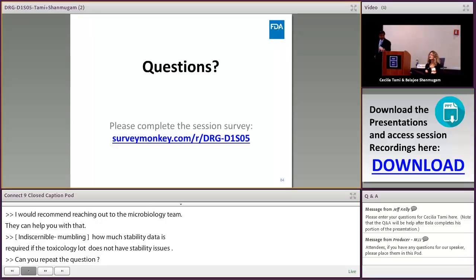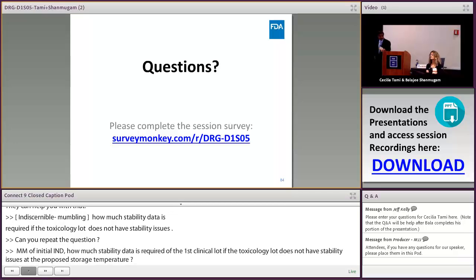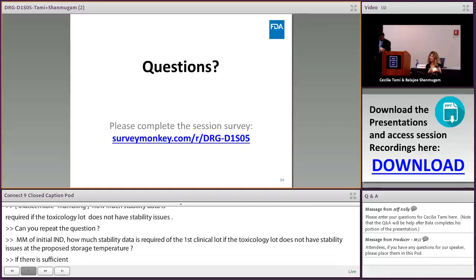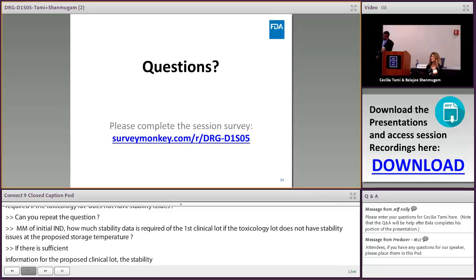So if there is sufficient information to support the comparability of the proposed clinical lot and the tox lot, the stability data from the tox lot could support the stability of the proposed clinical lot, and the amount of data depends on the duration of the clinical study.